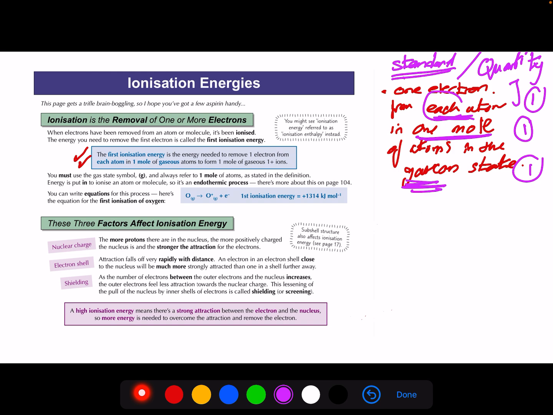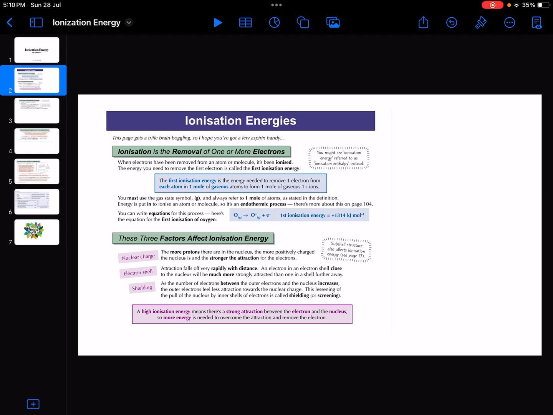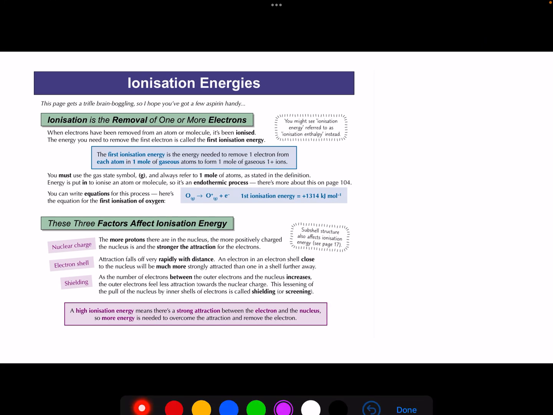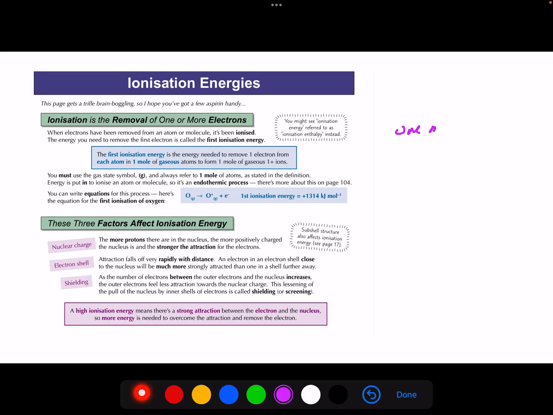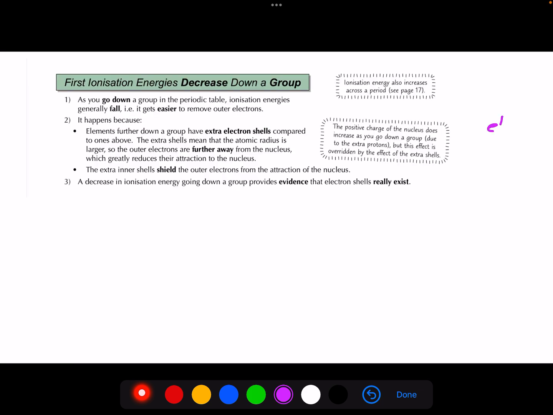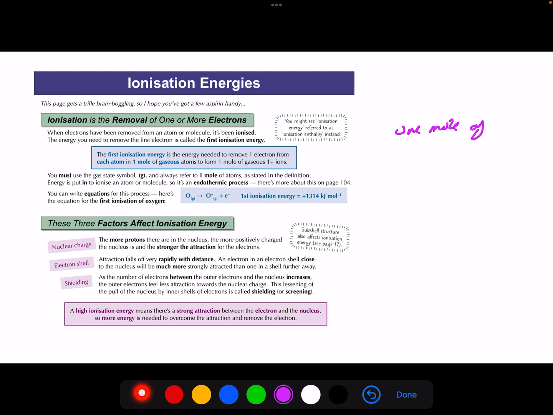In some references, you will find, guys, the definition is that you are removing 1 mole of electrons from 1 mole of atoms in their gaseous state, which is completely fine as well, right?